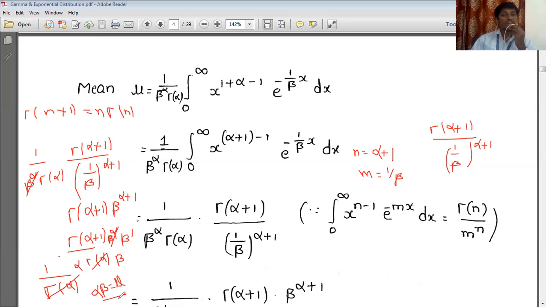Okay. Here for calculating the mean, we used the continuous distribution formula for expectation. E of x is equal to integral minus infinity to infinity x into f of x dx. But as per the probability density function, we are splitting the function f of x into two subintervals. One is when x is greater than 0, we have the probability density function, and in the rest of the cases we put it as 0.